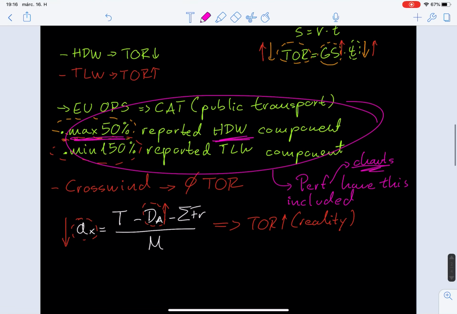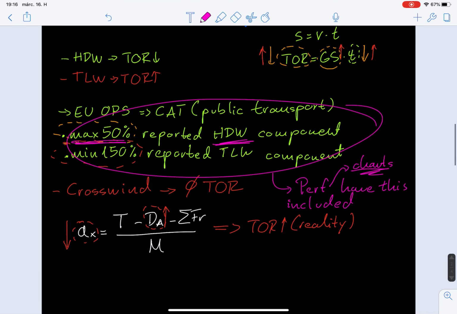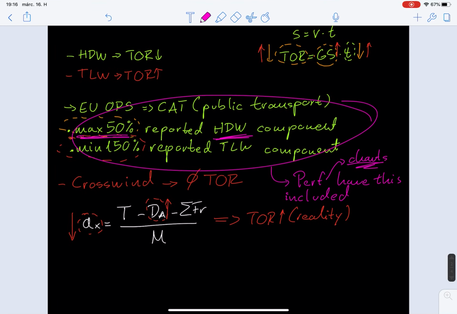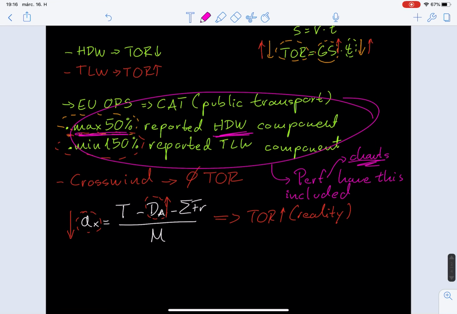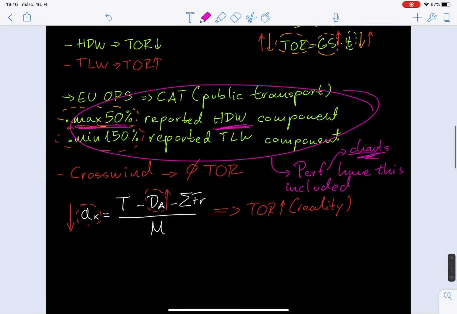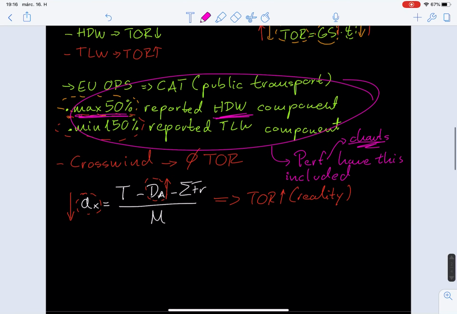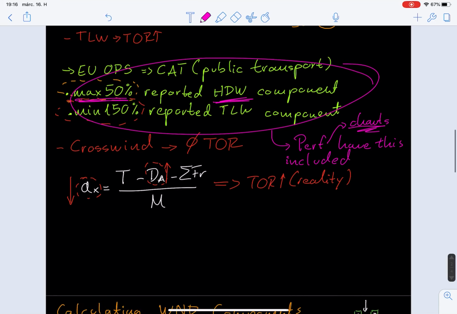So if you're given a 10 knot headwind component in an exercise for a performance chart, you don't have to calculate with 5 knots, you just simply calculate with the 10 knots. You can directly input that into the chart. You don't need to take this rule into account, is what I'm trying to say.